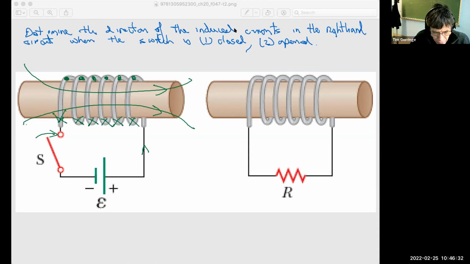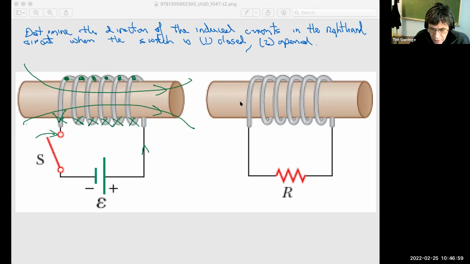Now let's turn to the induced magnetic field that's seen in, or created by, the right-hand circuit. And that's given by Lenz's law. So when we switch on the left-hand circuit, suddenly there's a magnetic field flowing from the left to the right in the neighborhood of this right-hand circuit.